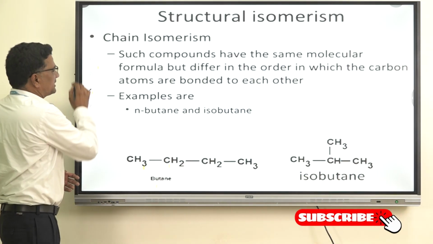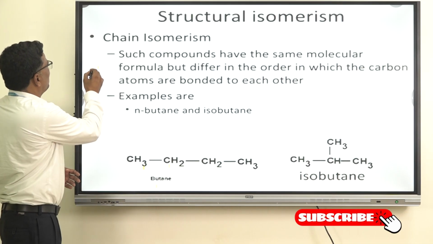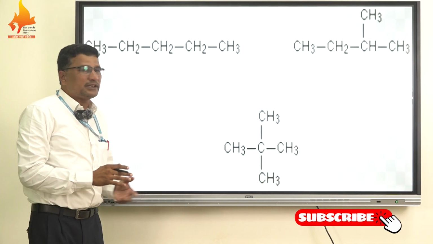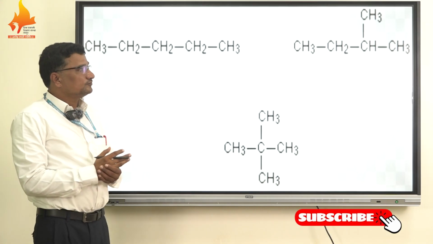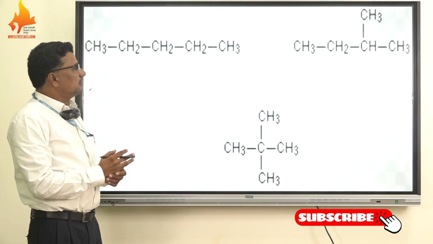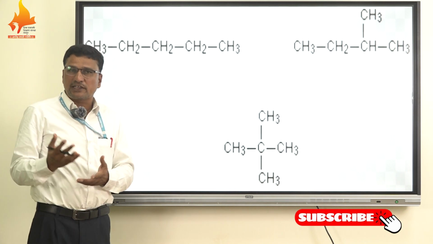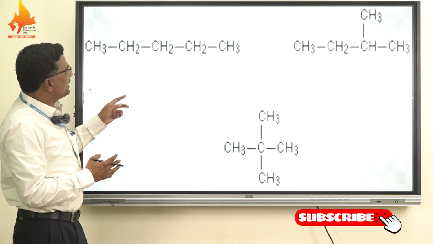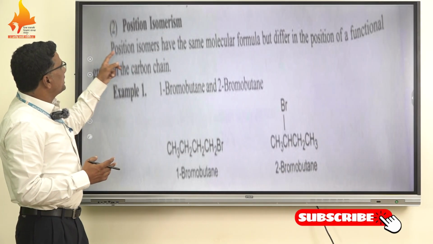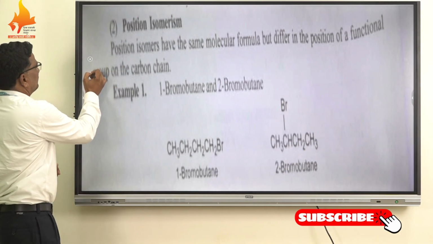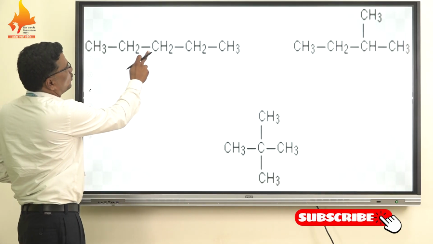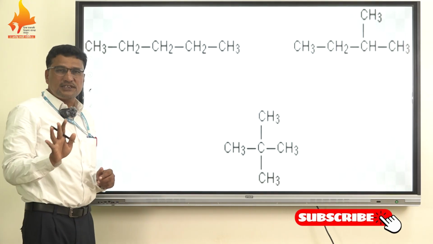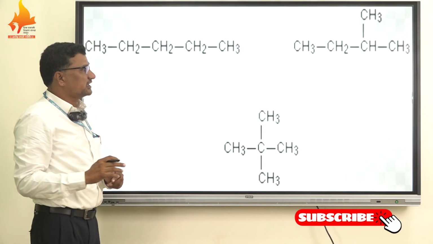Not only one example; now I have put up the next example on the screen. The compounds belong to alkanes and have 5 carbons each. You can check yourself: CH3, CH2, CH2, CH2, CH3, so obviously 5 carbons are there.